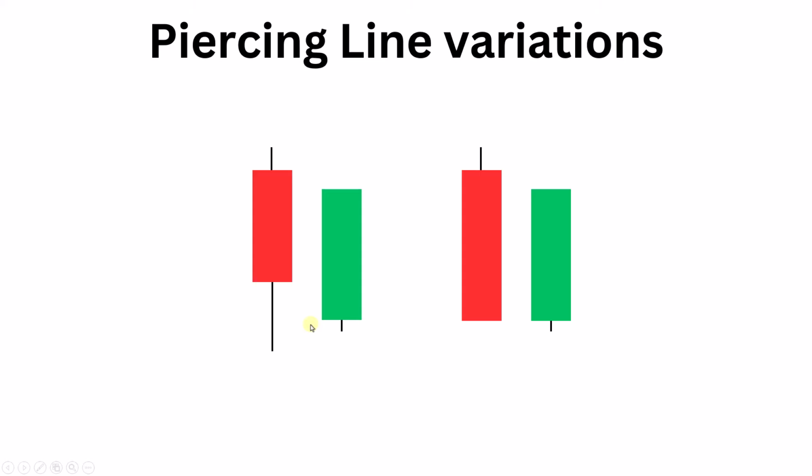So here we have a red candle, and we have a green candle, but this green candle is not opening below the low of the red candle. In reality, we would have wanted the green candle to open here, but that did not happen.